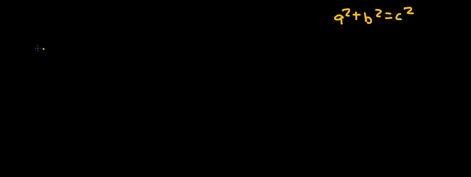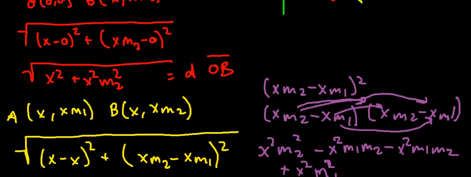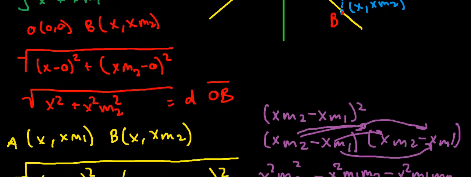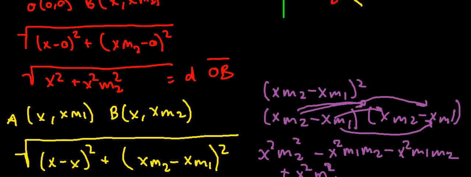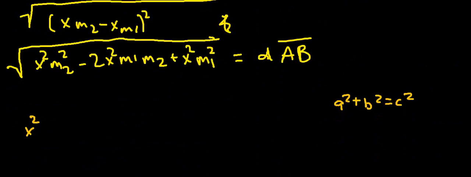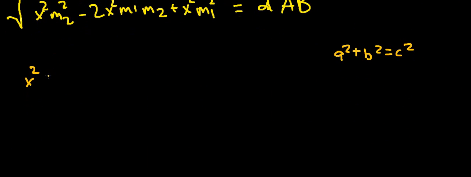I just got to make sure to conserve space because it's going to be long. So first one was x squared, and then plus x squared m1 squared. And that's the square root.